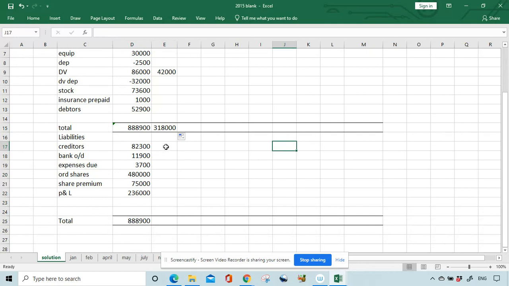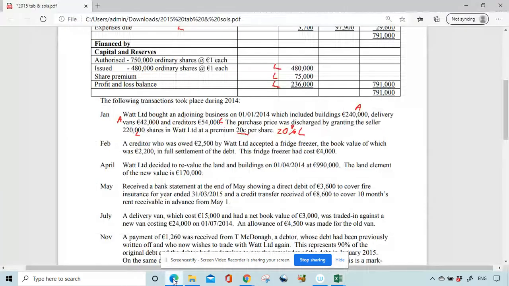And then in the liabilities, we had creditors of 54,000. We had ordinary shares, 220,000. And we had a share premium, which was 20% of that, 44,000. Again, add those up and you get 318,000.